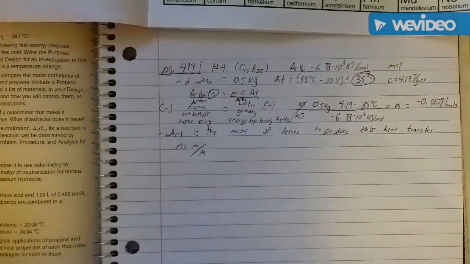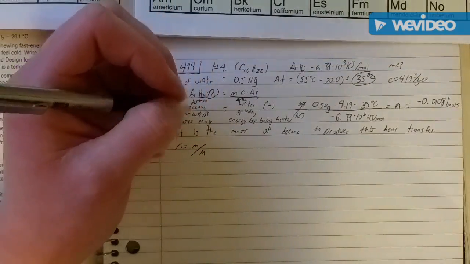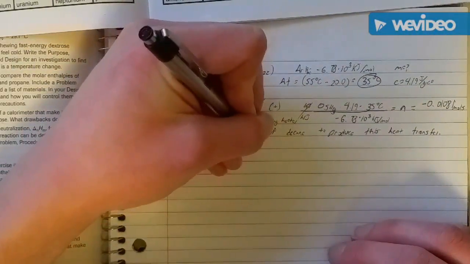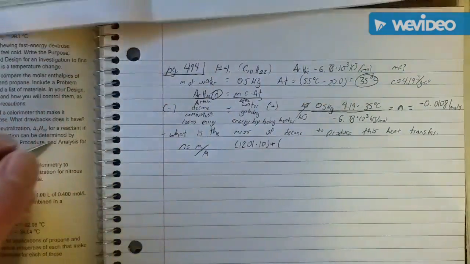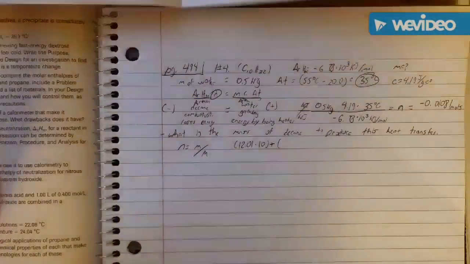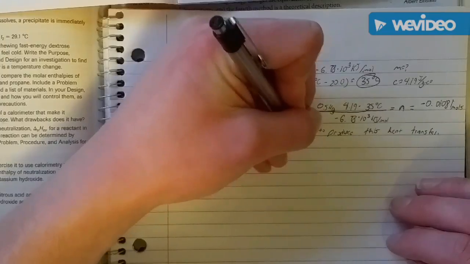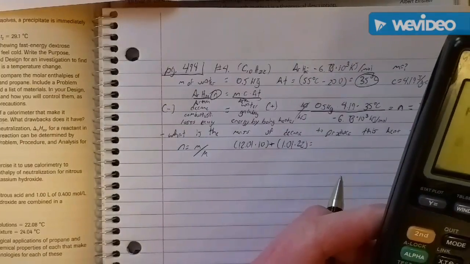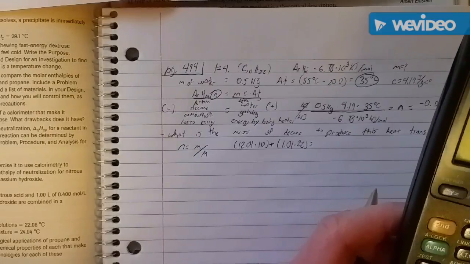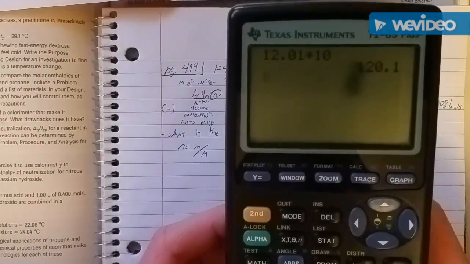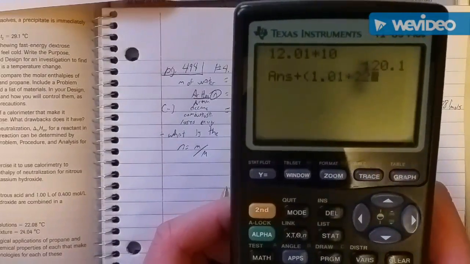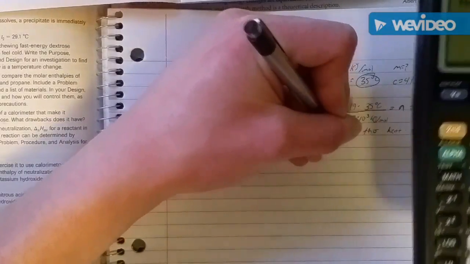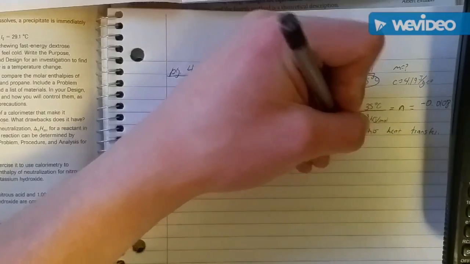We just look inside our periodic table and realize that there are 10 carbons, which have a value of 12.01, so 12.01 times 10, plus 22 hydrogens, which is 1.01 times 22, which is equal to 142.32 grams per mole for molar mass.